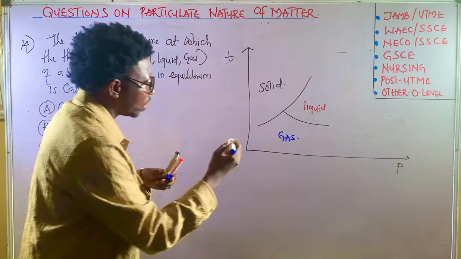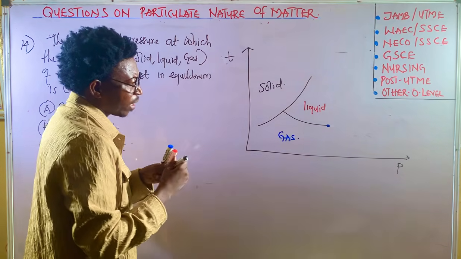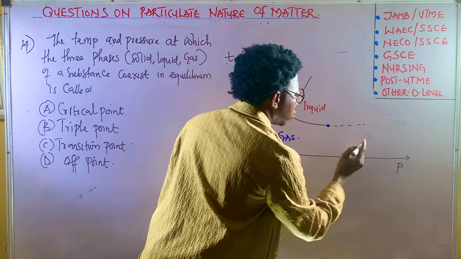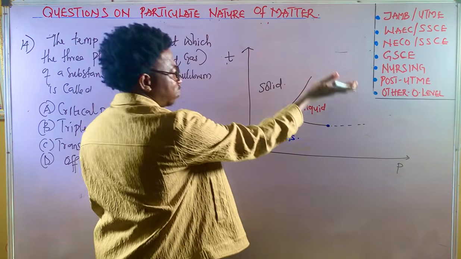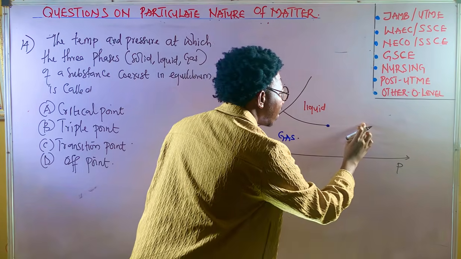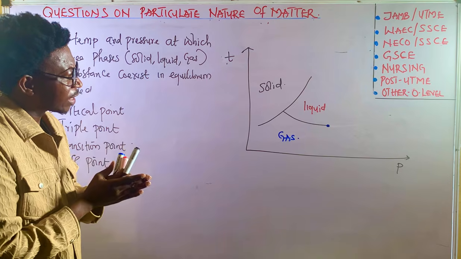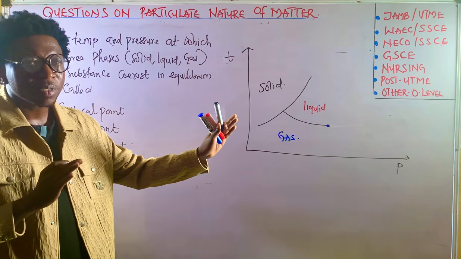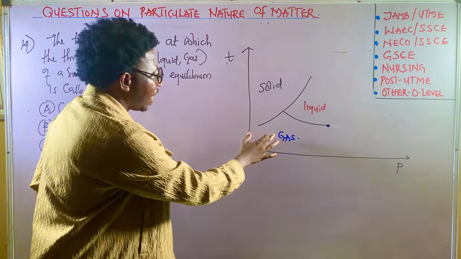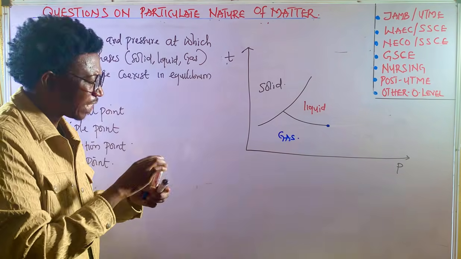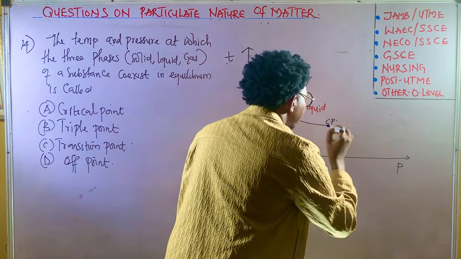At this point, the graph did not extend this way, so there is no boundary saying this side is gas and this side is liquid. It stopped here. That point where the gas and liquid states of the substance coexist, where there's no boundary between them, is what we call the critical point. This is the critical point of the substance.